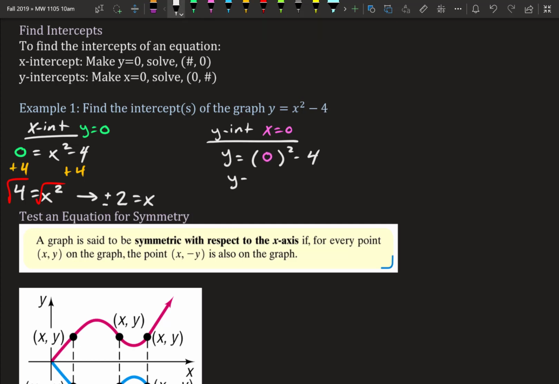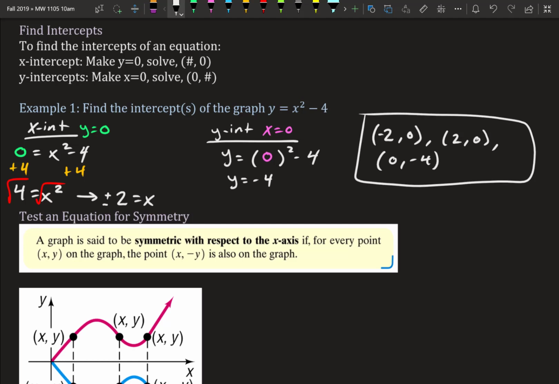So y equals 0 squared is 0, so negative 4. And those are our intercepts: negative 2, 0; 2, 0; and 0, negative 4. Again, we'll talk way more about why that's super important later in the semester. Right now, let's just practice finding them.